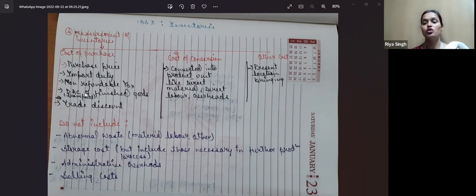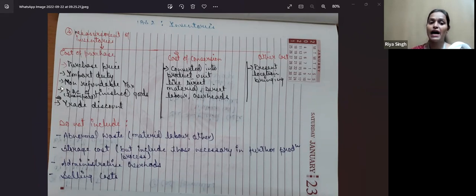Directly attributable cost here means which is directly related to and added to the cost of the inventory. So if any amount is there for the finished goods, like transport or installation, all of that we are going to add. And if any trade discount is there, we have to deduct it. So all this will be included in your cost of purchase.